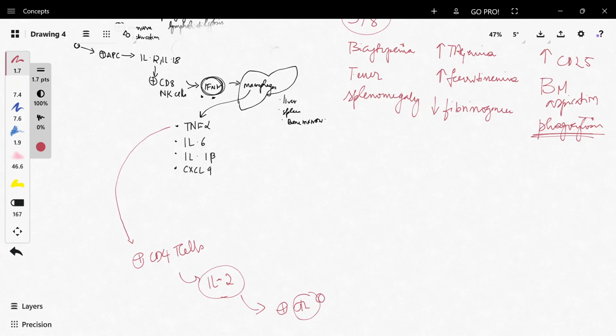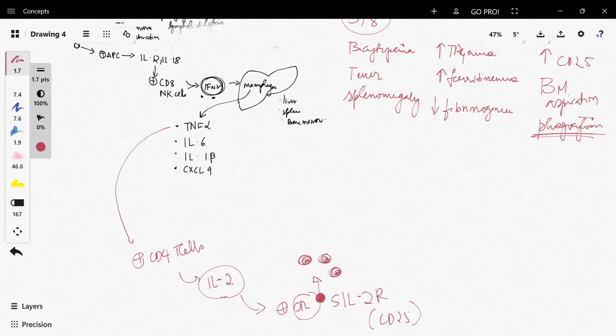And then there is this receptor on top of the cytotoxic T lymphocytes, which is the soluble IL-2 receptor. Okay, this is what we call CD25. Now, when this gets activated, this receptor sort of falls off, right?